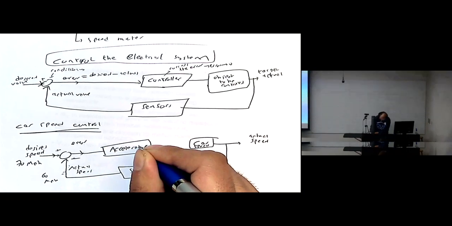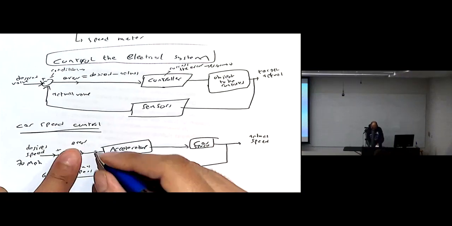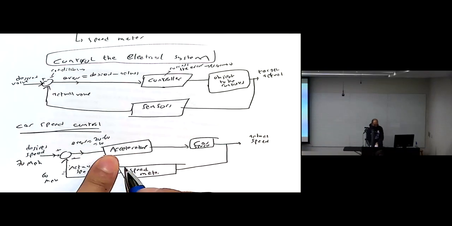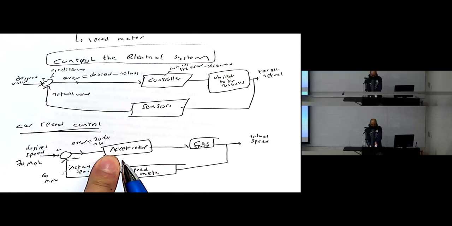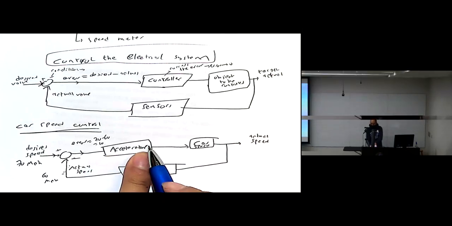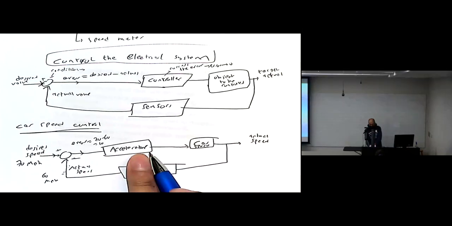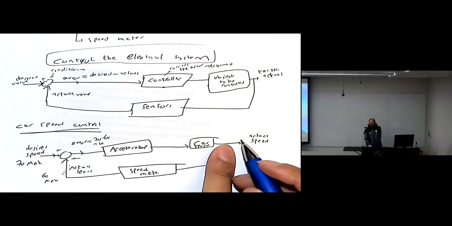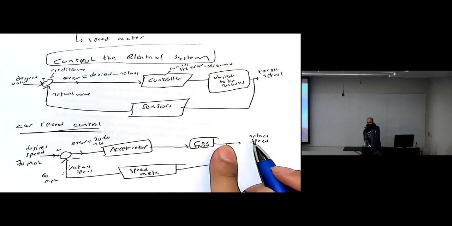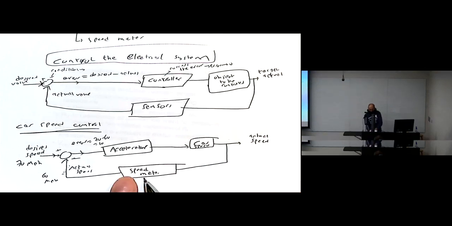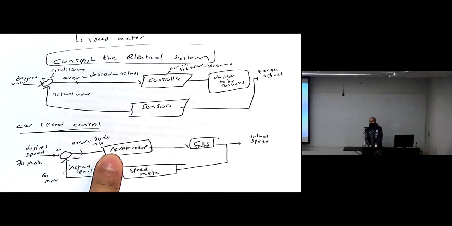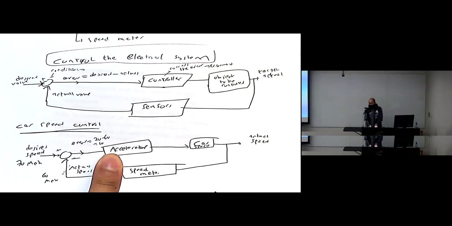Since the error is 70 minus 60, which is 10, the accelerator should be forced to increase the speed, or turned on, then the speed of the car will be increased to get a new speed of 70 miles per hour. Then 70 miles per hour will be measured, the error is 0, and the accelerator will stop, because now I've reached 70 miles per hour.